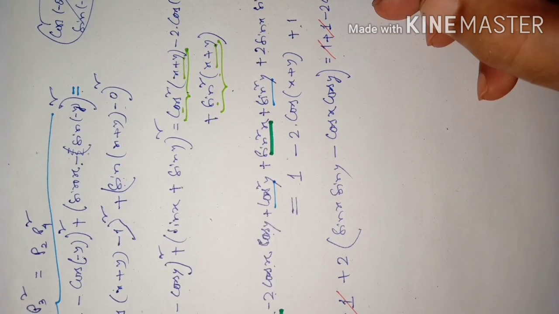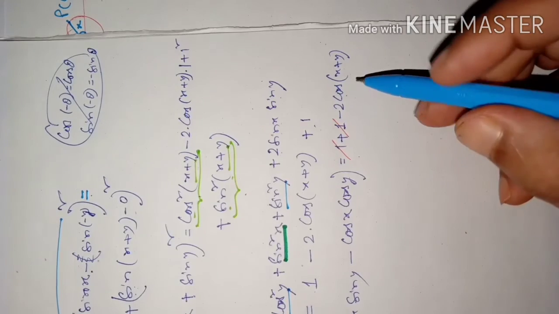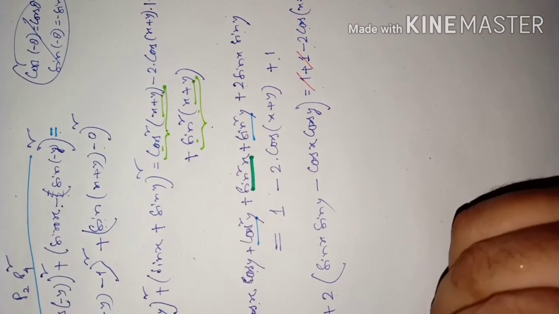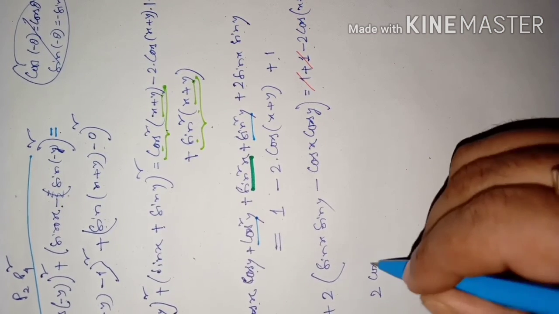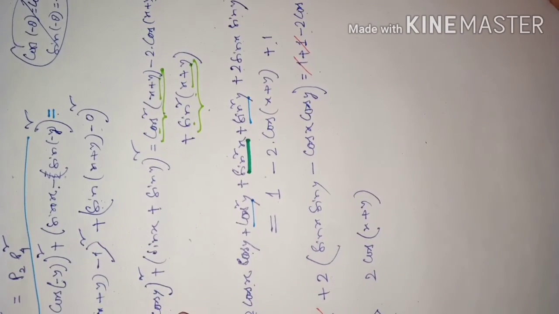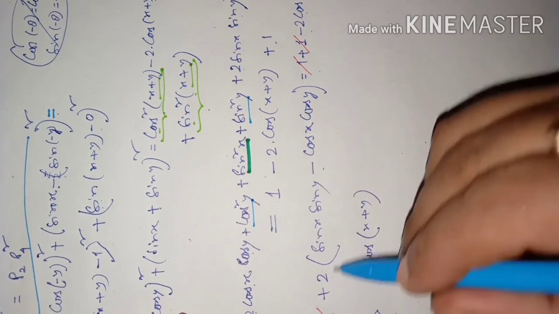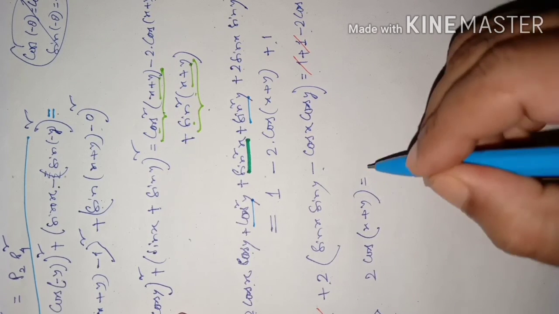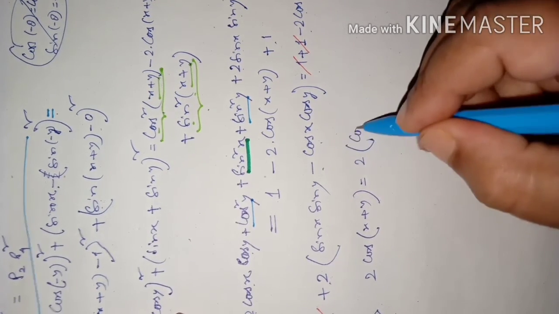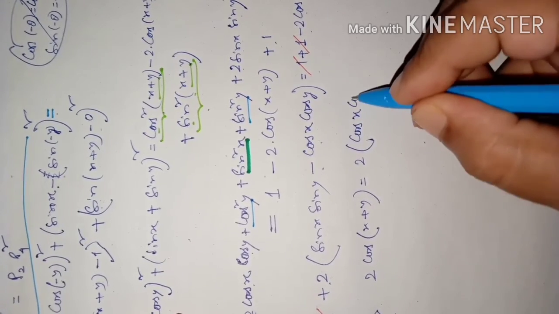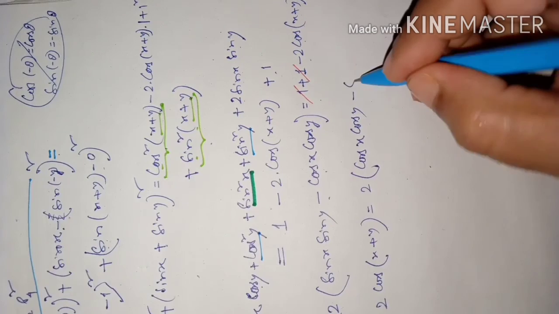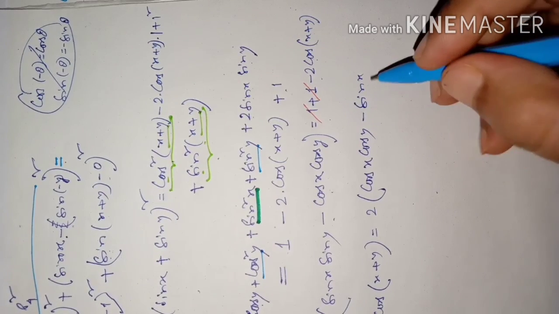This minus 2 cos of x plus y, the right hand side term, I am taking to the left hand side. It will become 2 cos of x plus y. And these two terms I am taking to the right hand side. Then this negative term will become positive and this positive will become negative. So it will become like this: 2 positive, this will be positive cos x cos y, and this will become negative, minus sin x sin y.